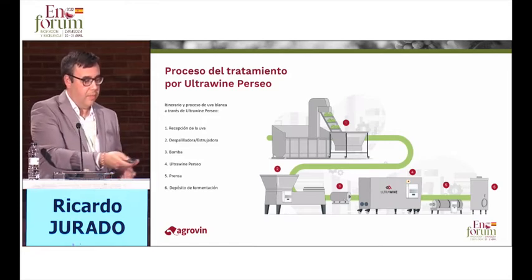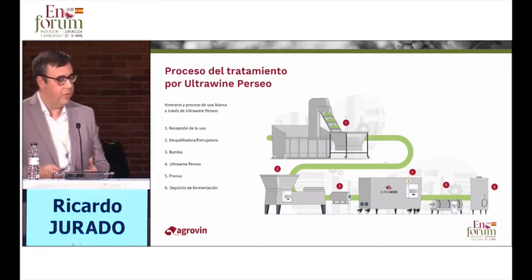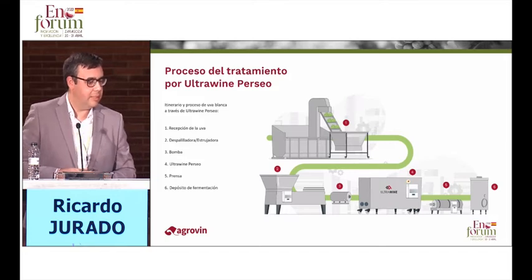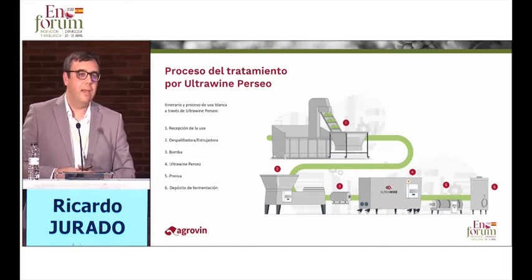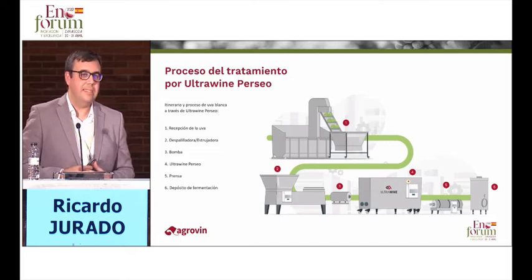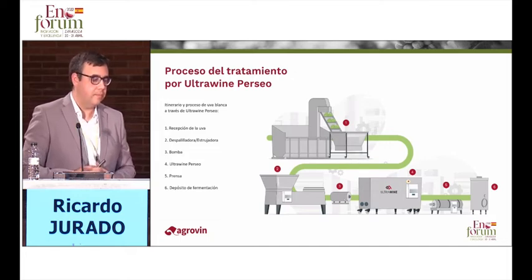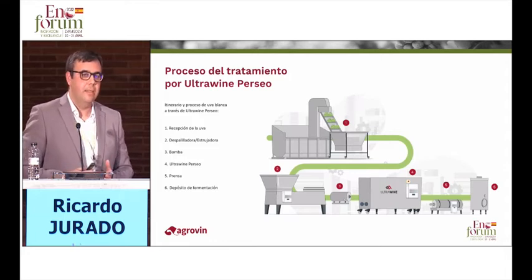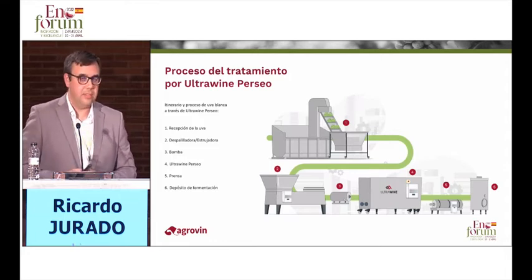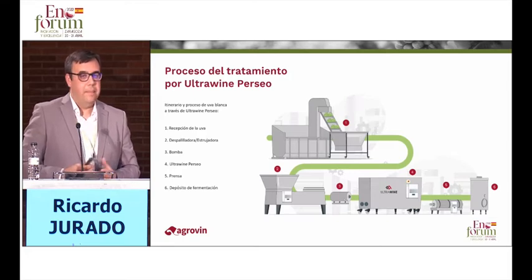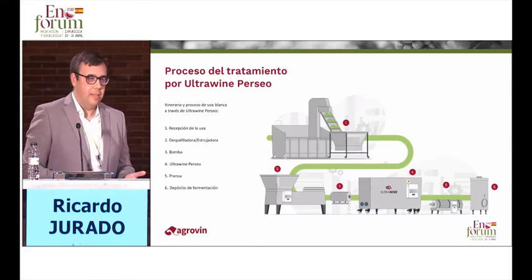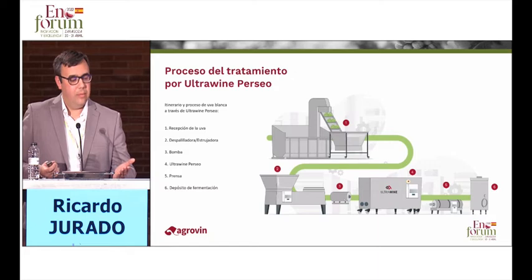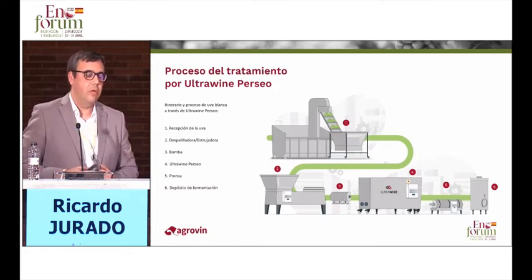We were working with Sauvignon Blanc mainly, and I'm going to use the numbers so as not to use the pointer. The grape is received in our cellar or winery. It is crushed and destemmed, number 2. Number 3 is the pump. It is taken to the pump. Number 4 is the Ultra-Wine Perseus.